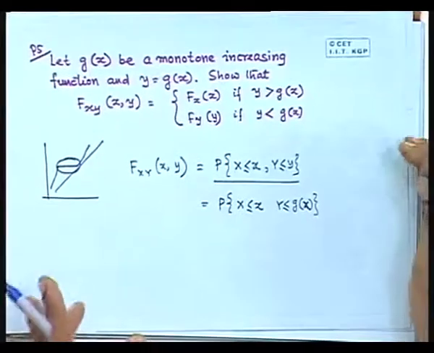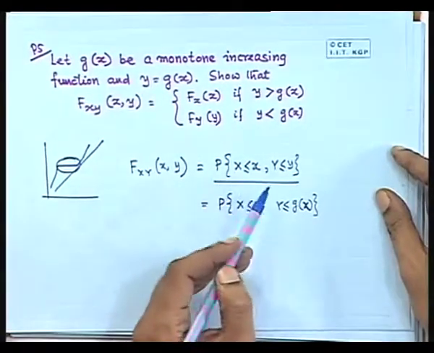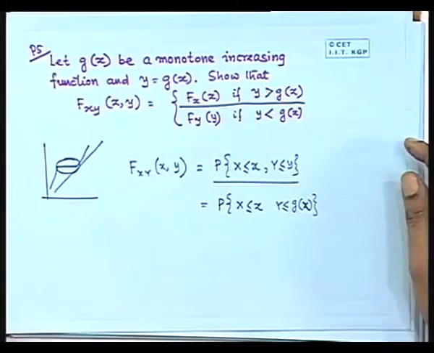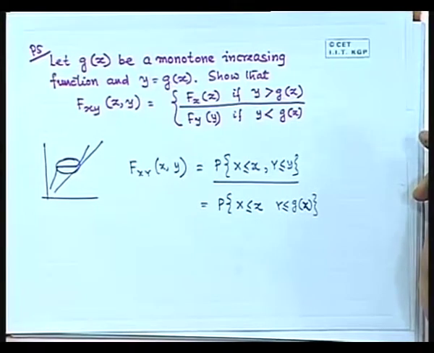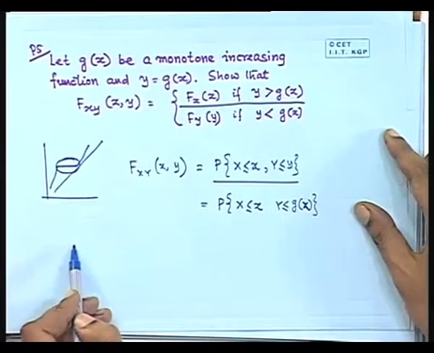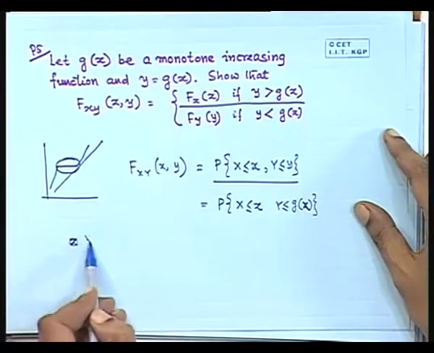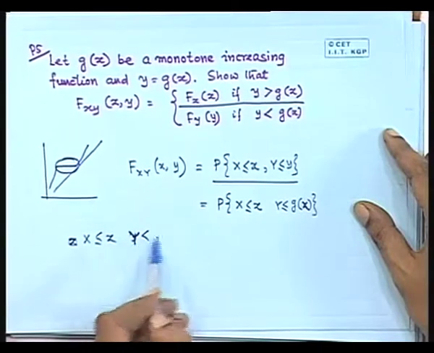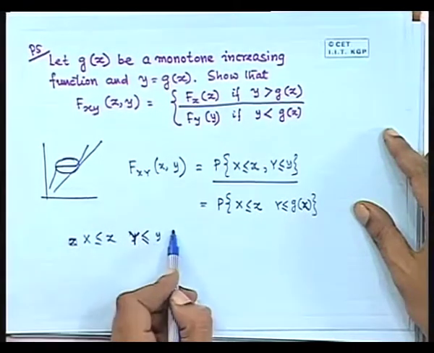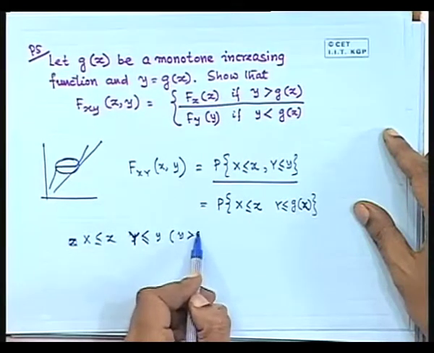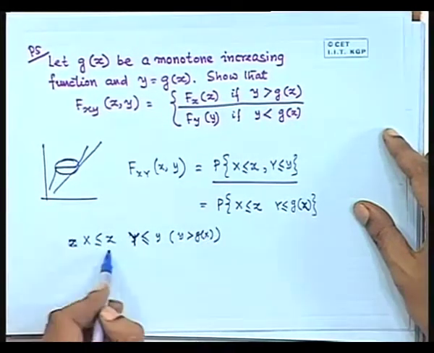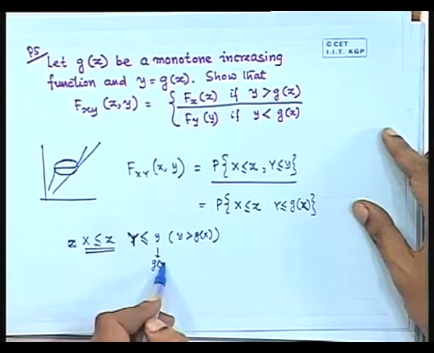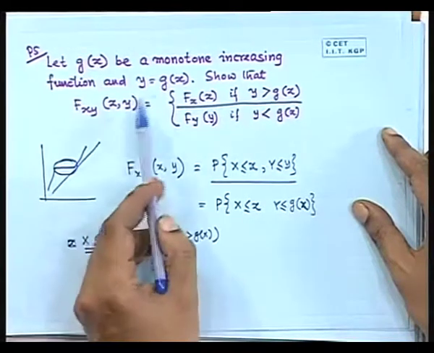But now the question is, what is this saying? Suppose you have chosen a y greater than g(x). Can it happen that X is less than or equal to x and Y is less than or equal to y, where y is greater than g(x)? If X is less than or equal to x, Y must be less than or equal to g(x), because they are related like this.